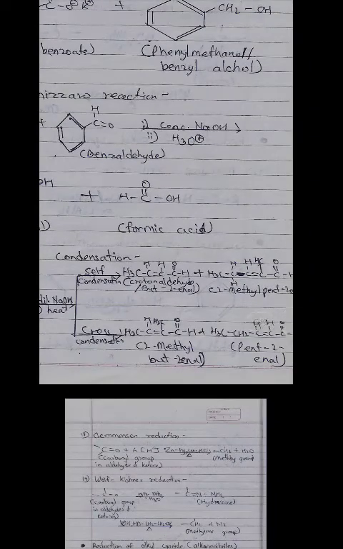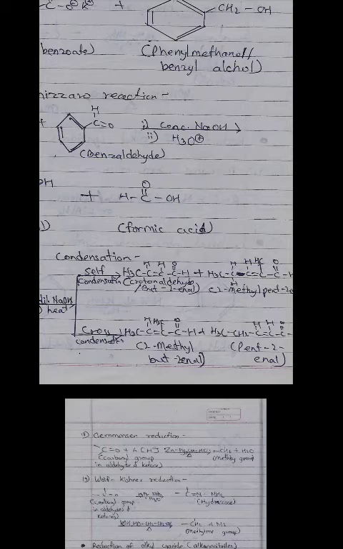Cross aldol condensation. In this we add ethanal plus propanal. Remember, two carbon atoms with an aldehyde group is ethanal and three carbon atoms with an aldehyde group is propanal, when added with dilute sodium hydroxide with some heat. When they undergo self condensation, we get two products. First is crotonaldehyde, or you can call it but-2-enal, which means it's an aldehyde because we use the suffix al.